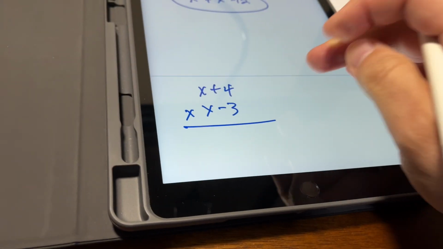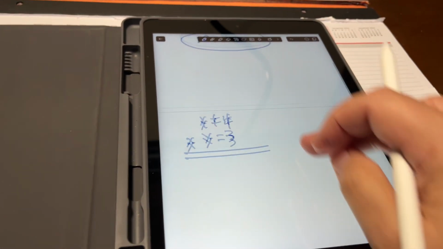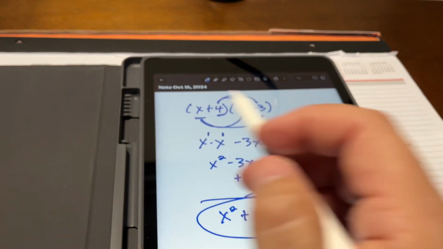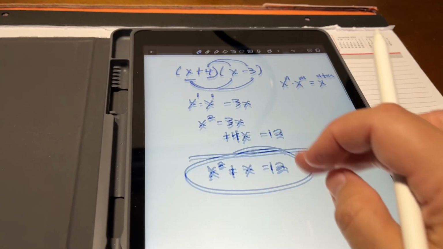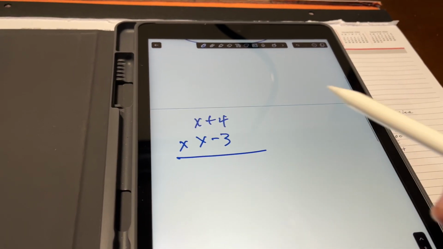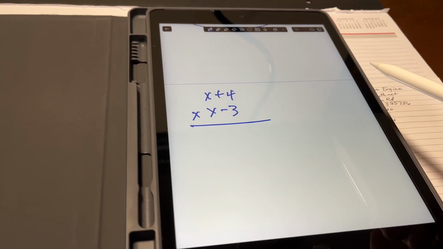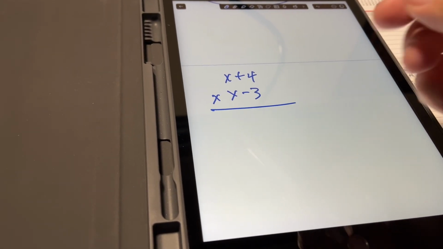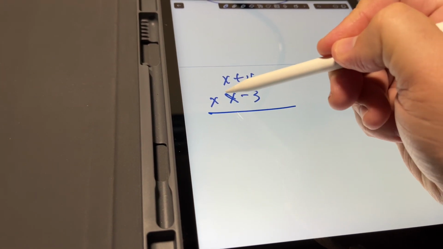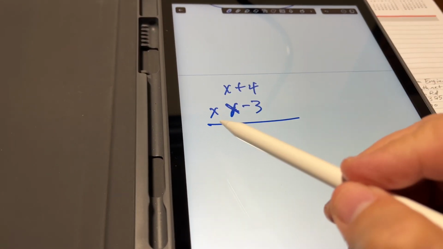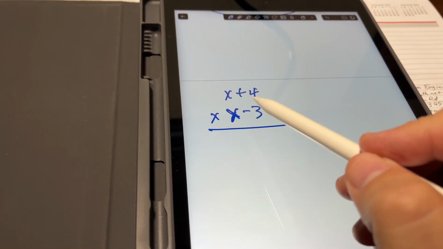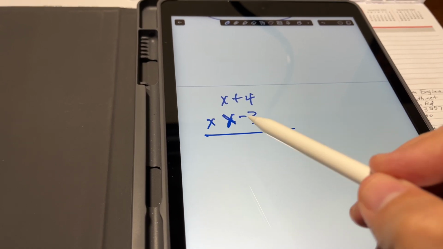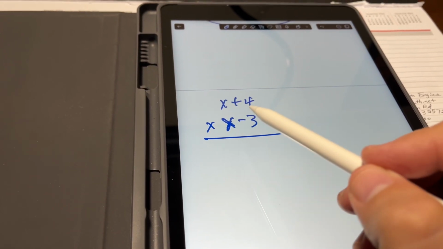Now I do see in some textbooks, instead of this being written horizontally like this, I've seen them written vertically on top of each other, and it's not going to be any more difficult or really much different. Essentially, we are going to do the same thing. We're going to take this x and multiply it times both of those, and then we're going to take this -3 and multiply it times both of those.